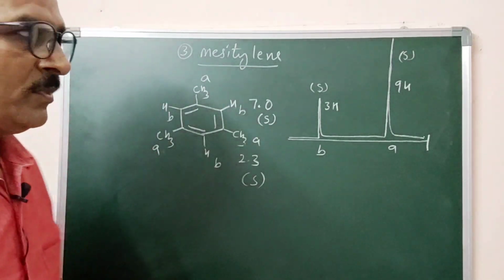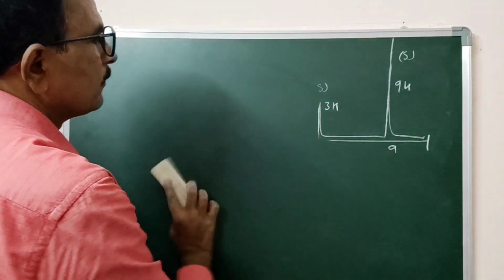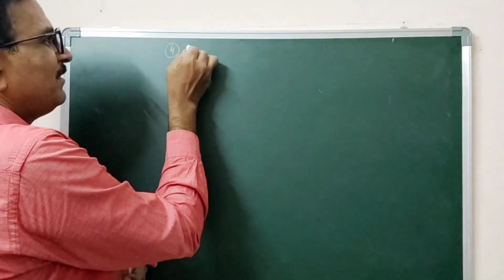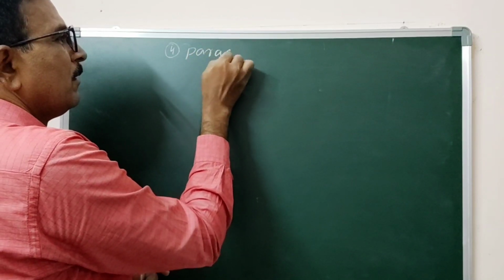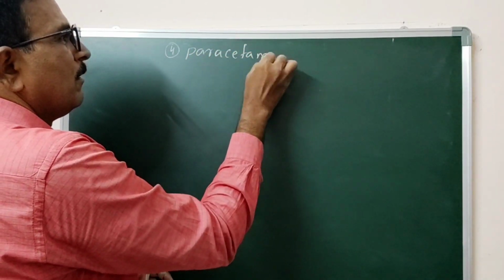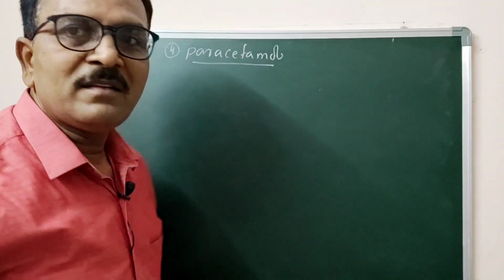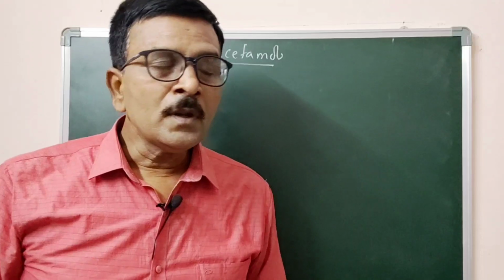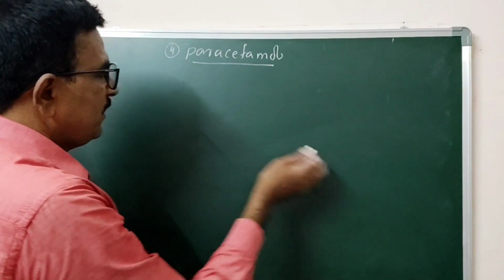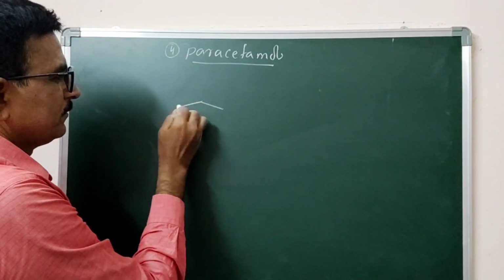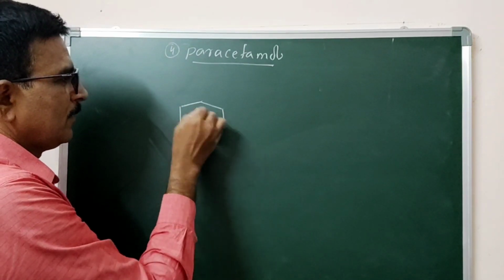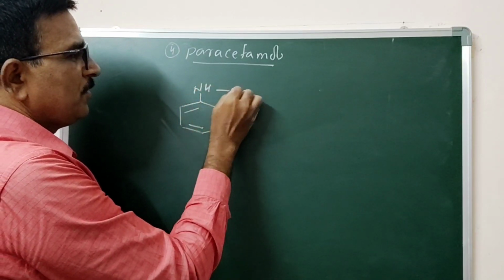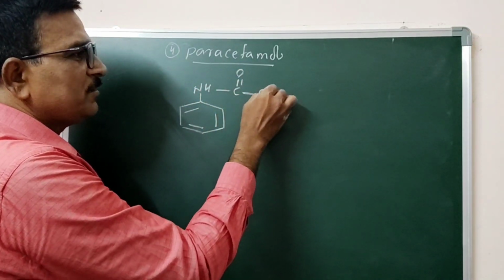Now coming to the other example, fourth example, paracetamol. Proton NMR spectrum for paracetamol. Now it is para-hydroxyacetanilide. Para-hydroxyacetanilide: NH, C double bond O, CH3.